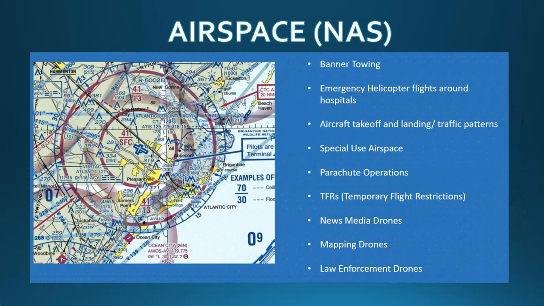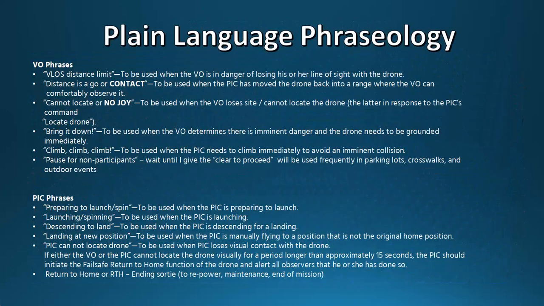Now, this VO training program can be used by anybody. It can be used by a military unit needing to just train their people quickly. It could be used by somebody assisting the police in a search and rescue operation. It could be used by a company. It could be used by a commercial pilot just doing aerial photography, and he needs somebody to help him. So you can use plain language all the time. And depending on the type of unit you're working in or situation, they may try and go a little bit more in line with the phraseology they need to use for their organization.